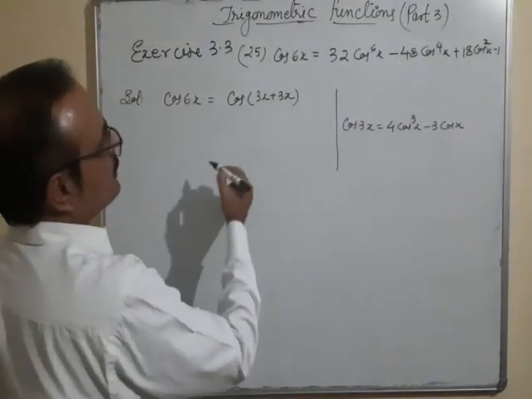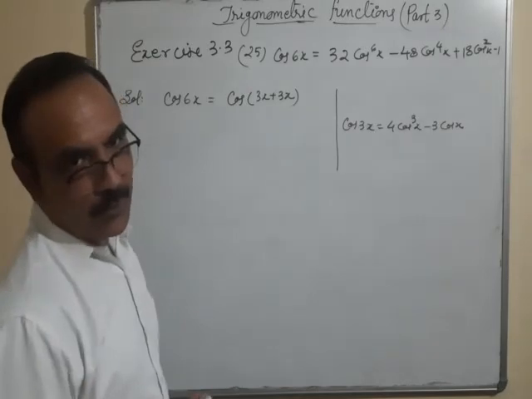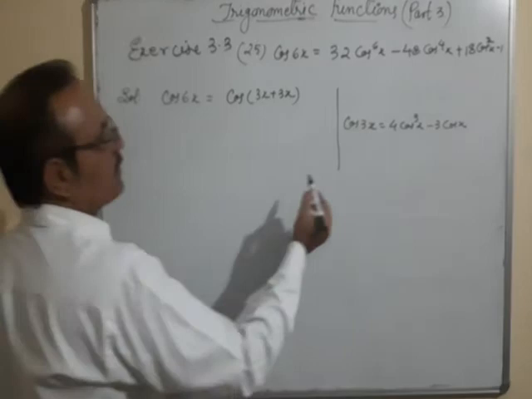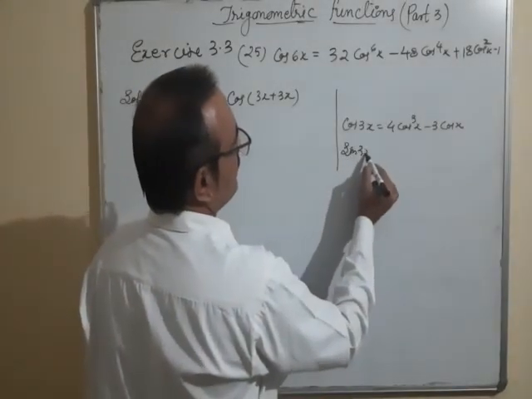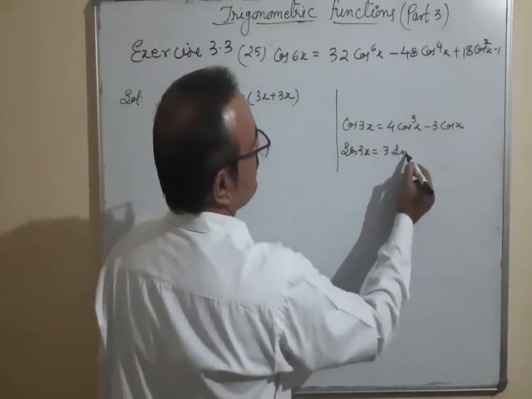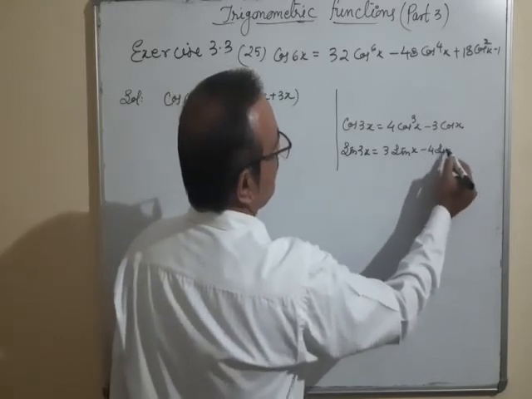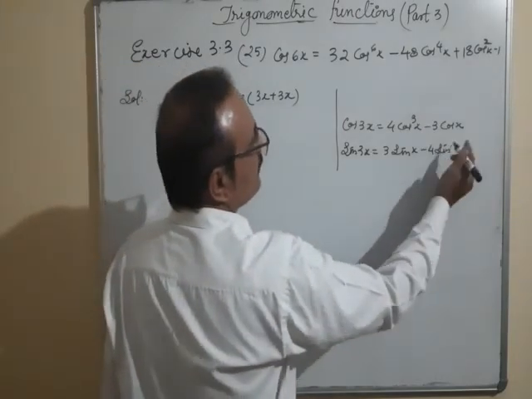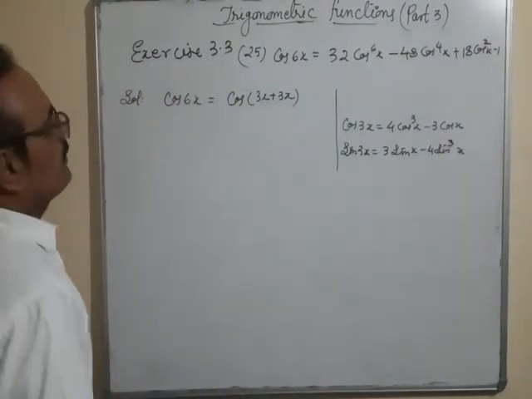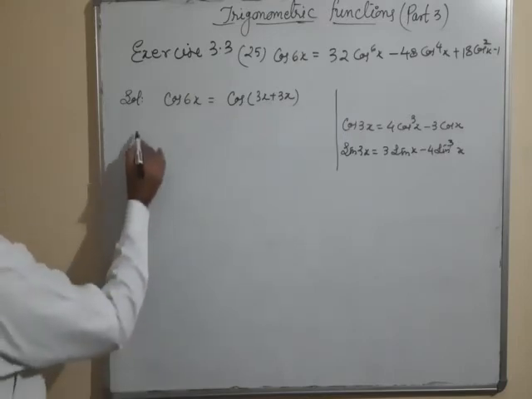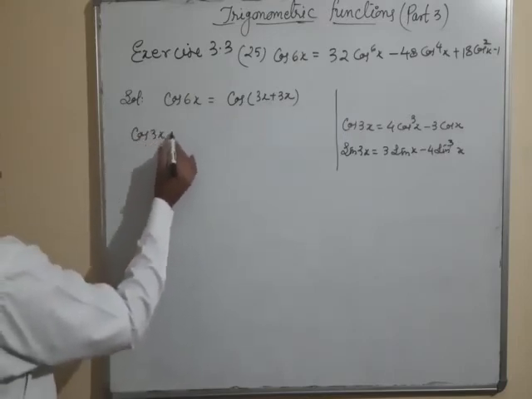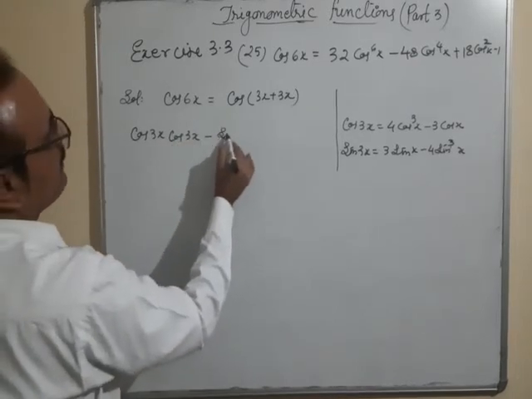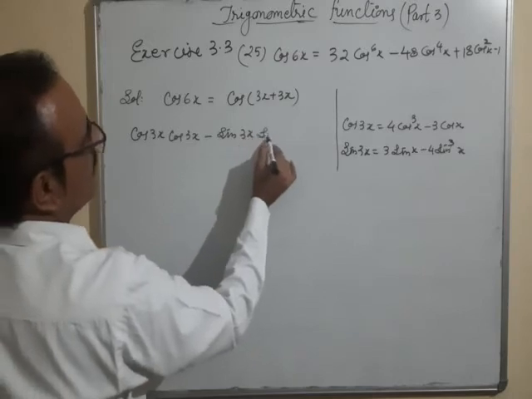But before applying this formula, cos A plus B is cos A cos B minus sin A sin B. So sin 3x also I am writing here: 3 sin x minus 4 sin cube x.